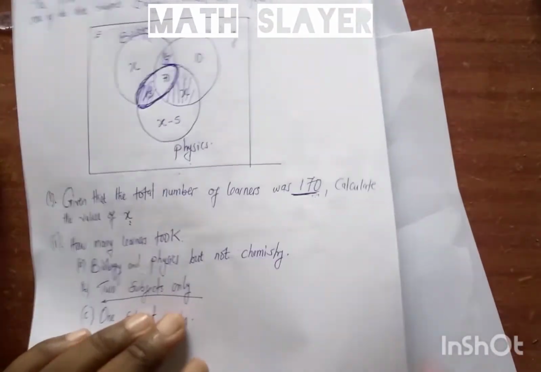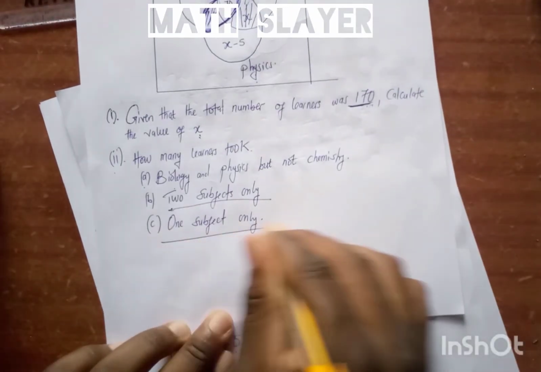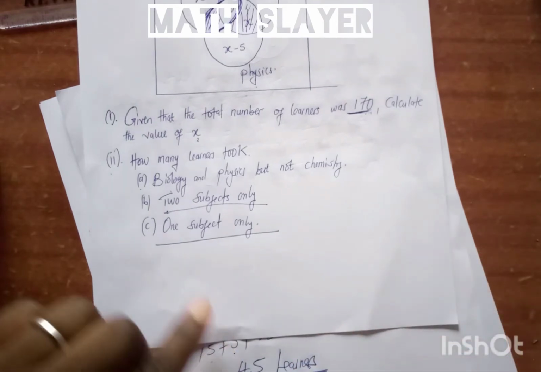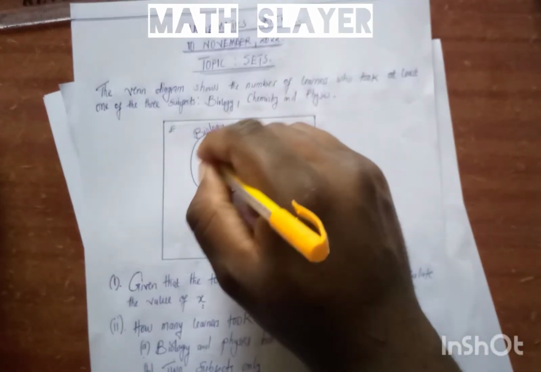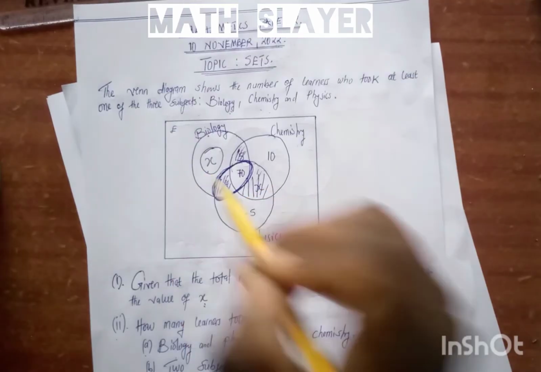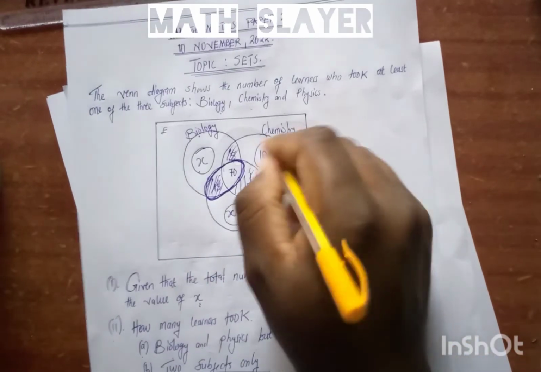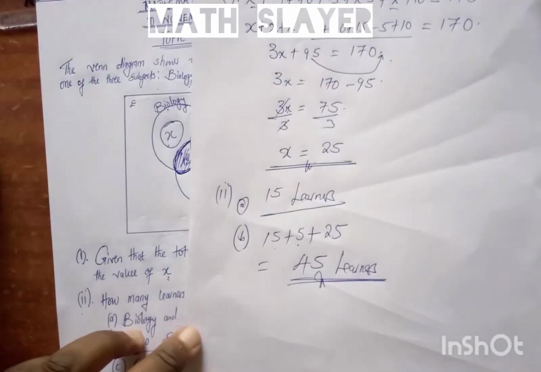We go to the last question. The last question asks how many learners took 1 subject only. You can agree with me, if you have watched the first video, that with 1 subject only we are talking about the area where there is x, which I've circled, the area where there is x minus 5, and the area where there is 10. So we add.